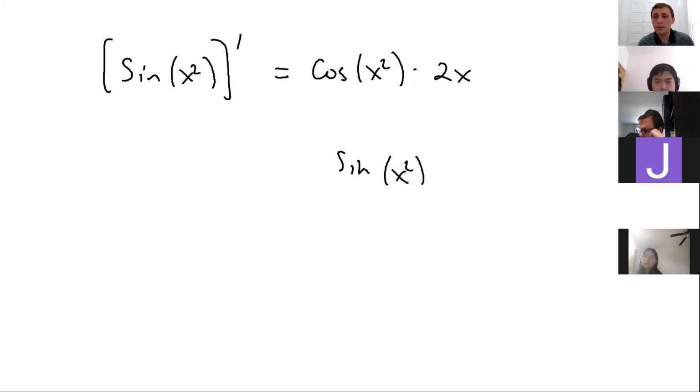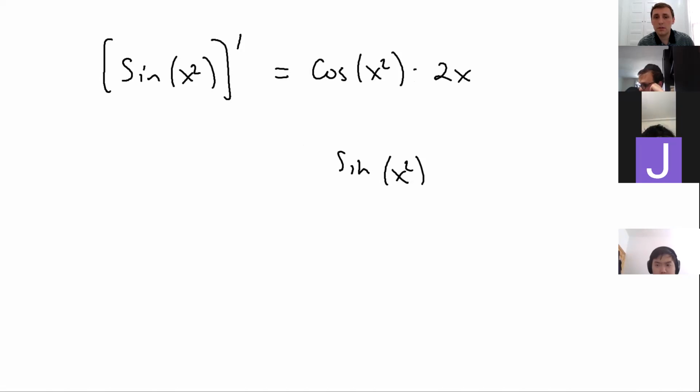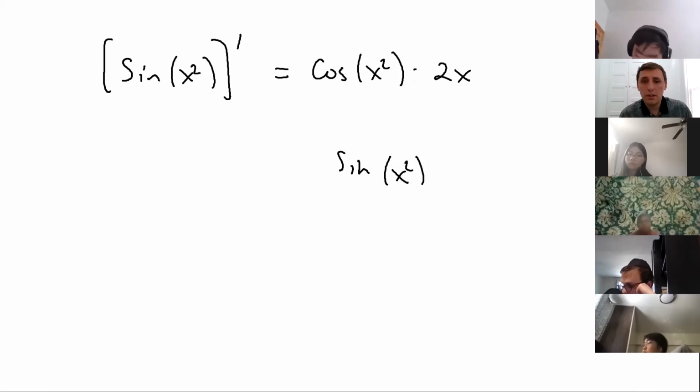I just go back. So the derivative of the inside is just ignored. You have to focus on the antiderivative of the outer function. Clear? Guys, is it clear?